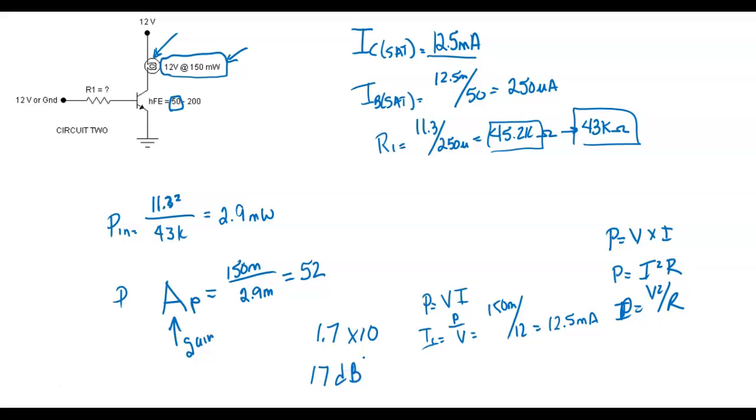So this thing here would have a 17 dB gain. All you do to calculate dB is take the common log and multiply it by 10. And that's what dB is. So dB is just a technical term we use for gains. Have you ever heard the term dB? Now you know what it is.